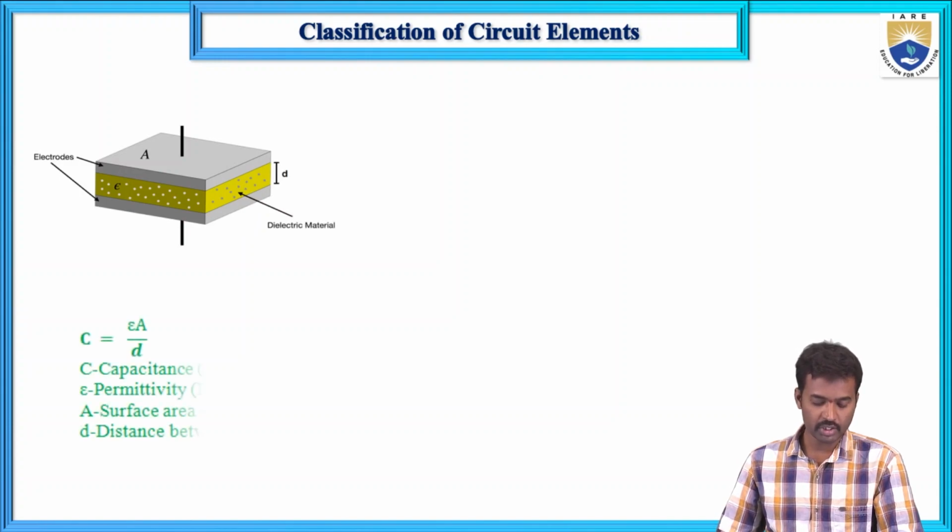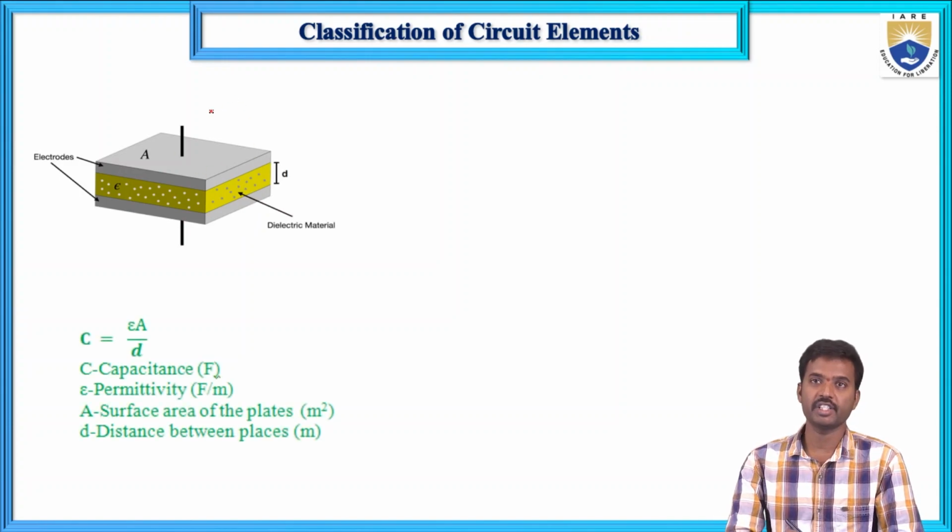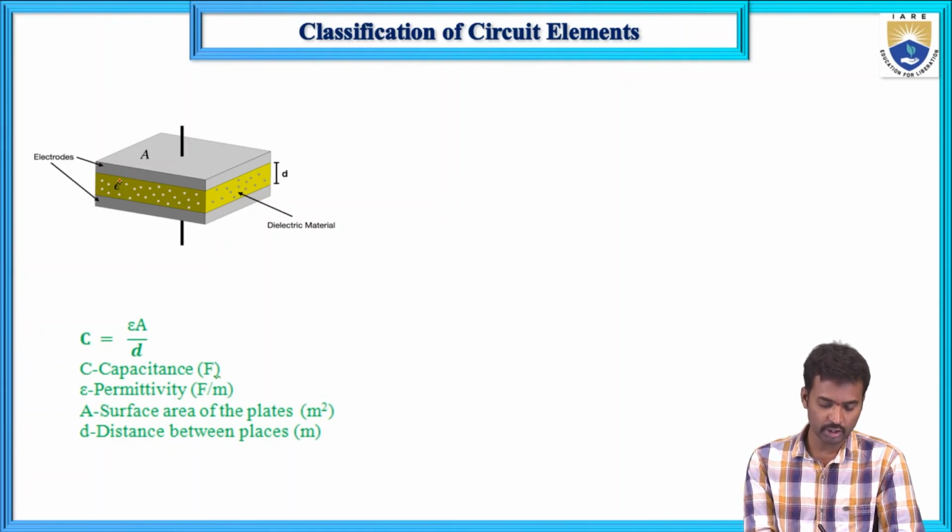Now the capacitor formula: two plates, plate A and plate B, two electrodes, and this is the dielectric material. The permittivity of the dielectric material is epsilon, d is the distance between the first plate and the second plate, and A is the surface area of the plate.